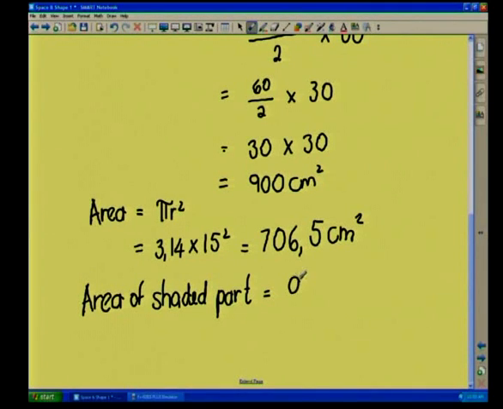So it's always a good idea to actually write down what you are actually doing, because should you have made any careless mistakes throughout your sum, you will actually get method marks for showing the examiners that you actually do understand how to actually solve the problem. So area of the trapezium, I'm just going to write trap, minus the area of the circle.